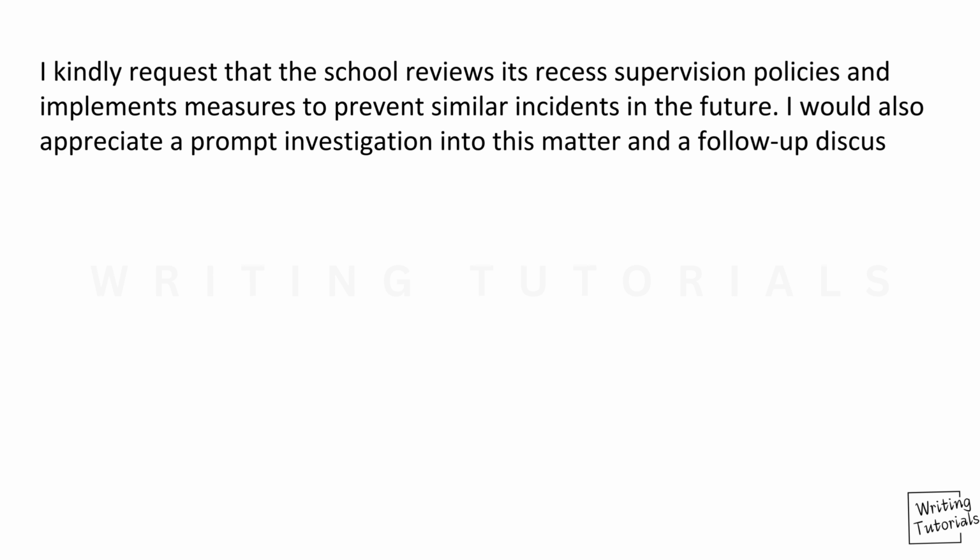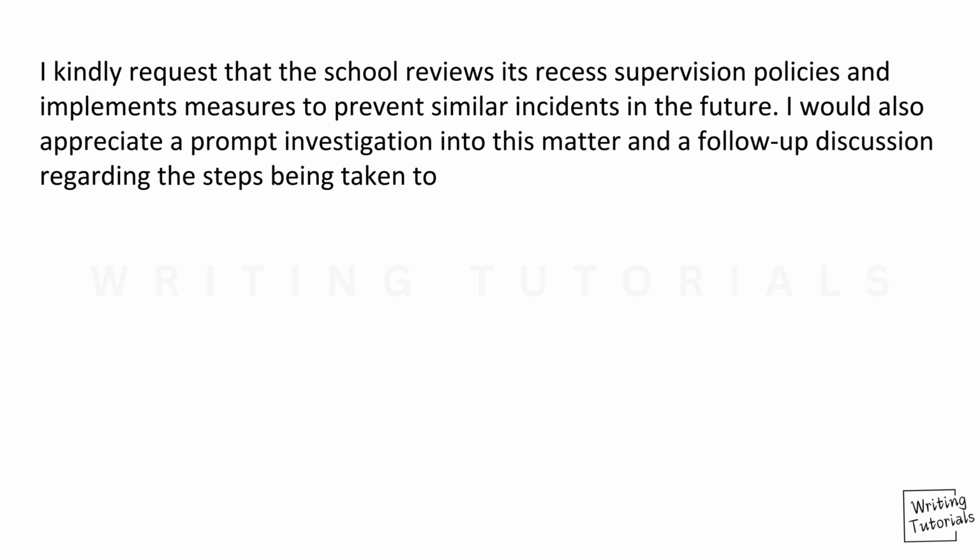I would also appreciate a prompt investigation into this matter and a follow-up discussion regarding the steps being taken to address my concerns." This is a polite yet clear request for action. It shows that Olivia isn't just raising a complaint, but is also seeking solutions. When writing your letter, be clear about what you want to happen next.